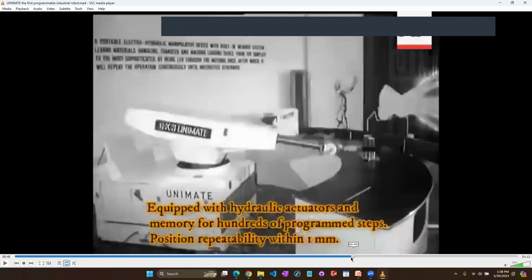And more importantly, there are two more things that I wanted to emphasize. Its memory had hundreds of program spaces. In that documentary I was talking about, they described that in order to program this robot, you just had to lead it through the motions once manually.